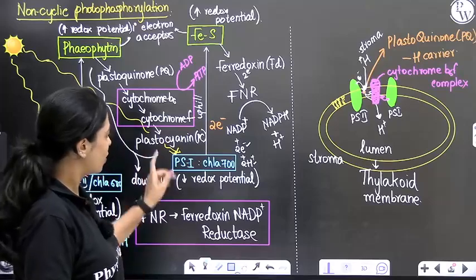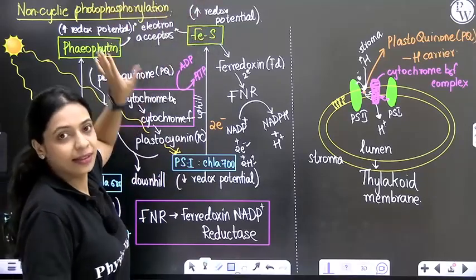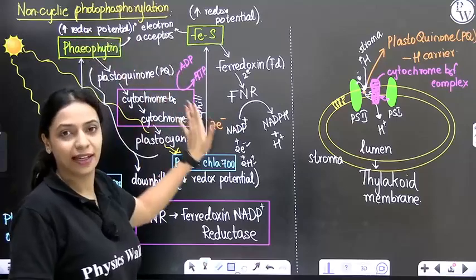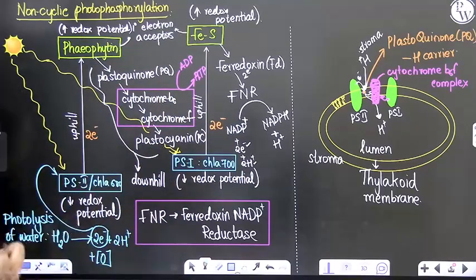Alright. So, the electron that was lost from PS1 has been replaced by the electron that was lost from PS2. The electron that was lost from PS2 has to be replaced. How does that happen? Water will split by a process called photolysis. Generally, water is a very stable compound. It does not undergo splitting usually, right? But over here, photolysis of water will take place.